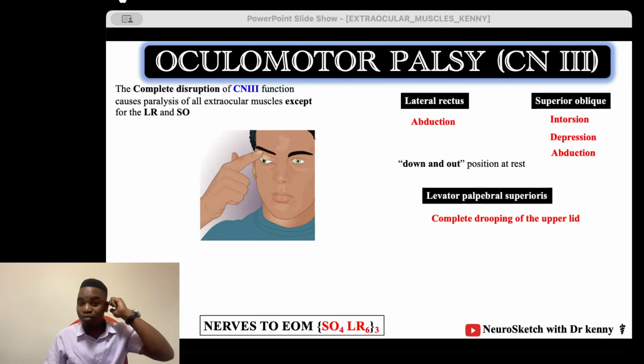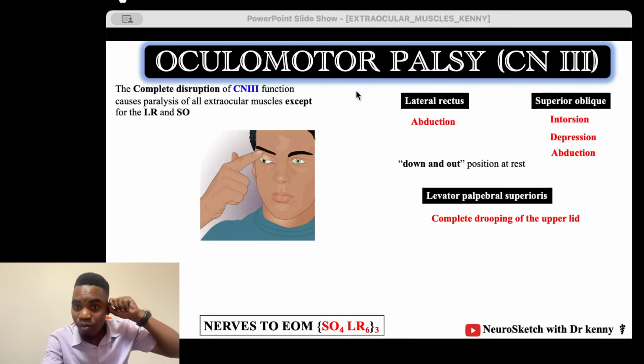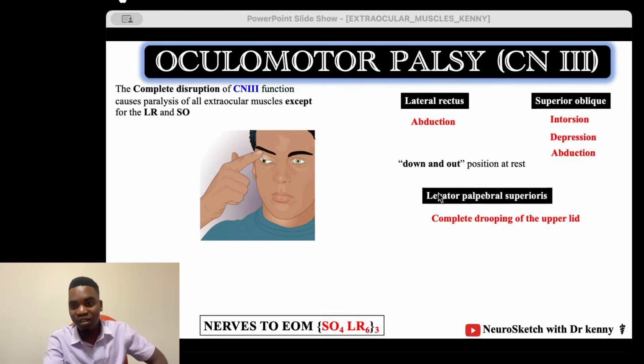So removing the oculomotor part will also denervate the levator palpebrae superioris and result in complete ptosis. The superior tarsal muscle lesion, as in Horner's syndrome, gives incomplete ptosis. But in oculomotor palsy, we have complete dropping of the upper lid.